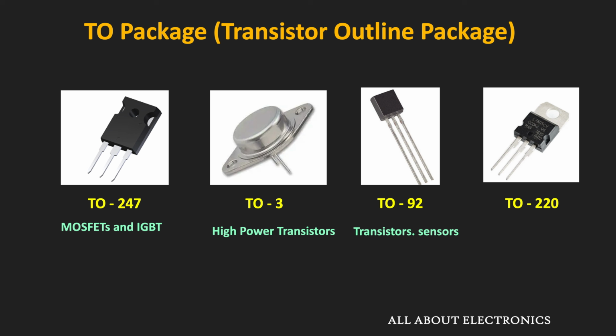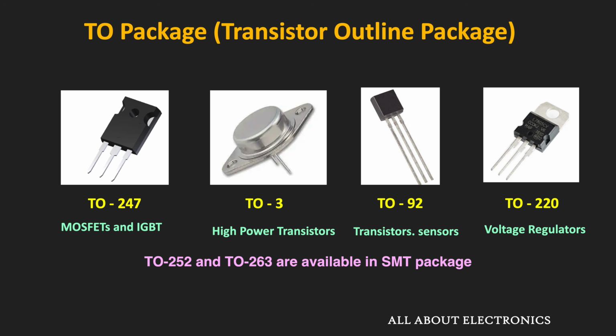And likewise, this TO220 package is mainly used for voltage regulators like the 7805 and the 7815. So as I said earlier, most of the TO package variants are available in through-hole packages. But there are some variants of the TO package that are also available in surface mount packages.